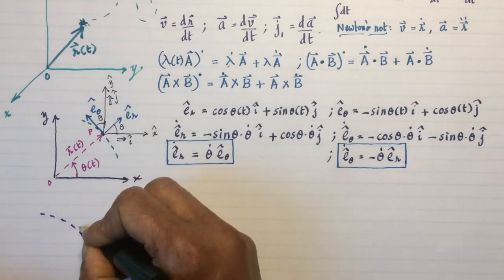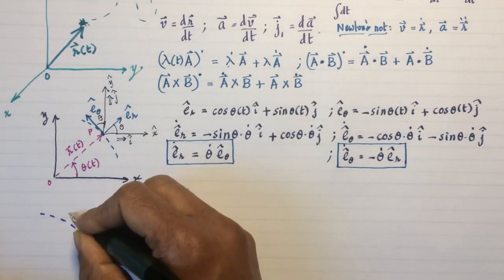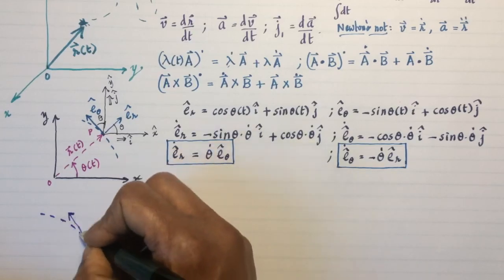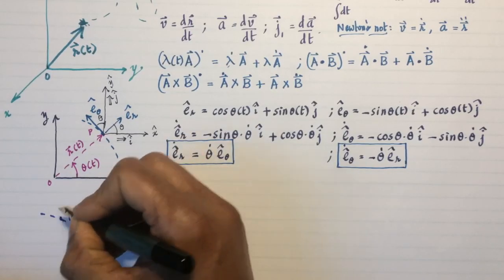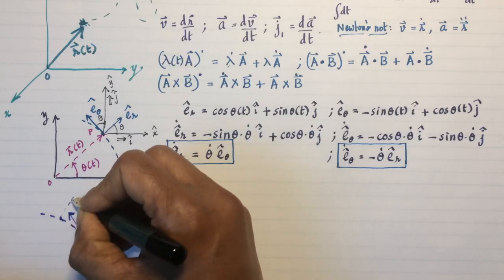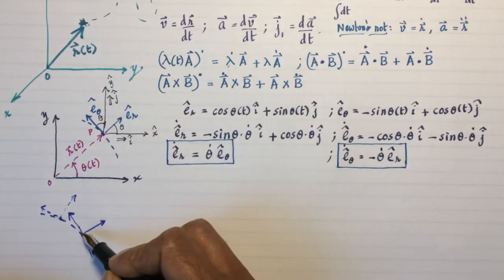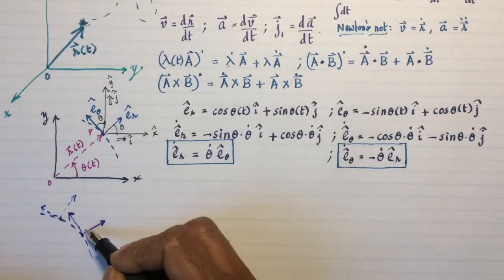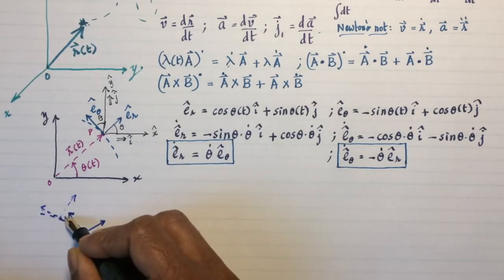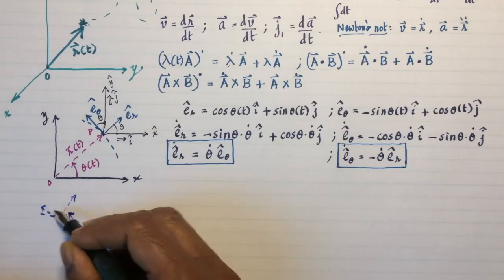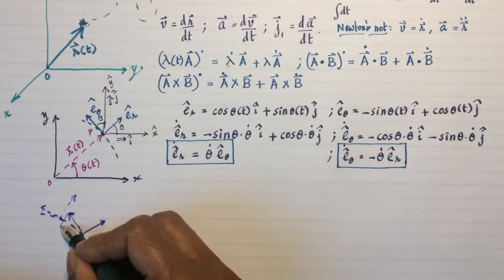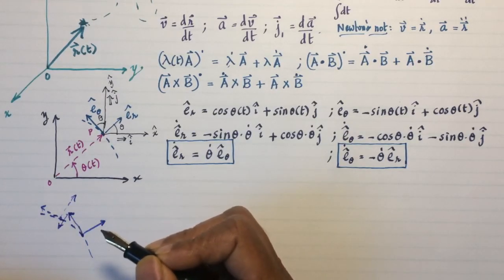Now, by the way, this point is simply not rotating, but that's one possible motion. So the new e_r vector will be there and the new e_theta vector will be there. If you think about it, the rate of change of the e_theta vector, as it's gone from here to there, is in the r direction.